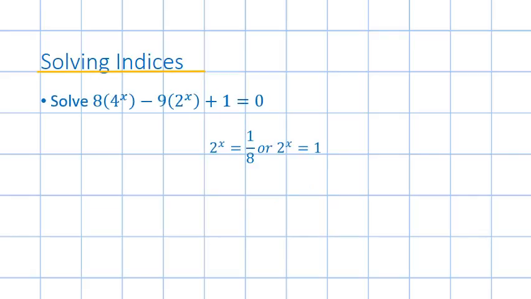In order to get an eighth, we'll need 2 to the power of minus 3. Any number to the power of 0 is equal to 1, so we need 2 to the power of 0 equals 1. That must mean that x, if you compare the first line and the second line, must be equal to minus 3, or x is equal to 0.